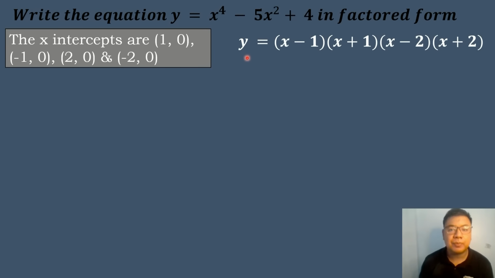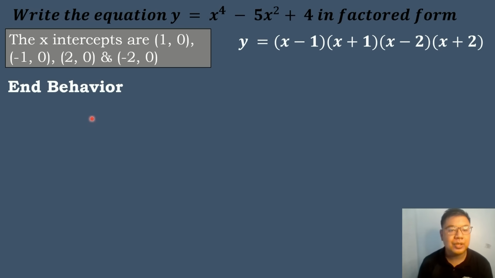So the factored form will be y is equal to x minus 1, positive becomes negative, times the quantity of x plus 1, negative becomes positive, times the quantity of x minus 2, positive becomes negative, times the quantity of x plus 2, negative becomes positive. So this is the factored form of the polynomial function.